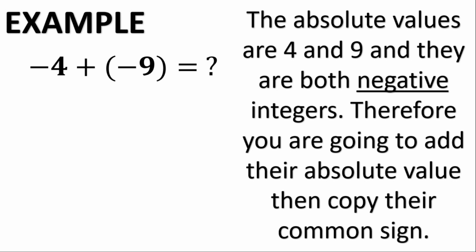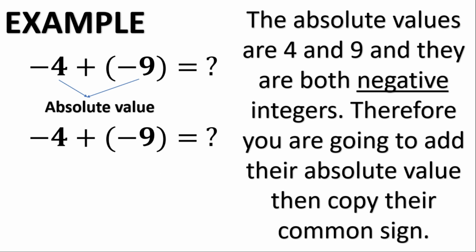So, sabi ko nga kanina, the absolute values here are 4 and 9. Kaya lang, ang sign nila ay parehas negative. So, we have negative 4 plus negative 9. They will become negative 13. Kasi 4 plus 9 is 13. They are both negative, so the answer will be negative 13.